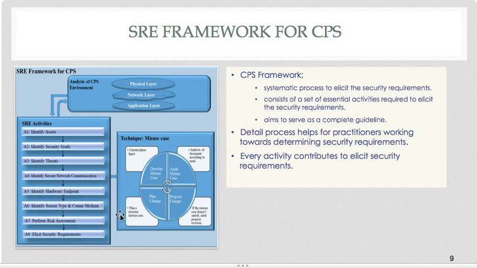The framework is a systematic process to elicit the security requirements for cyber physical systems. The proposed framework offers complete guidelines for practitioners and researchers to determine the security requirements. Every activity in this framework contributes to determining the security requirements.